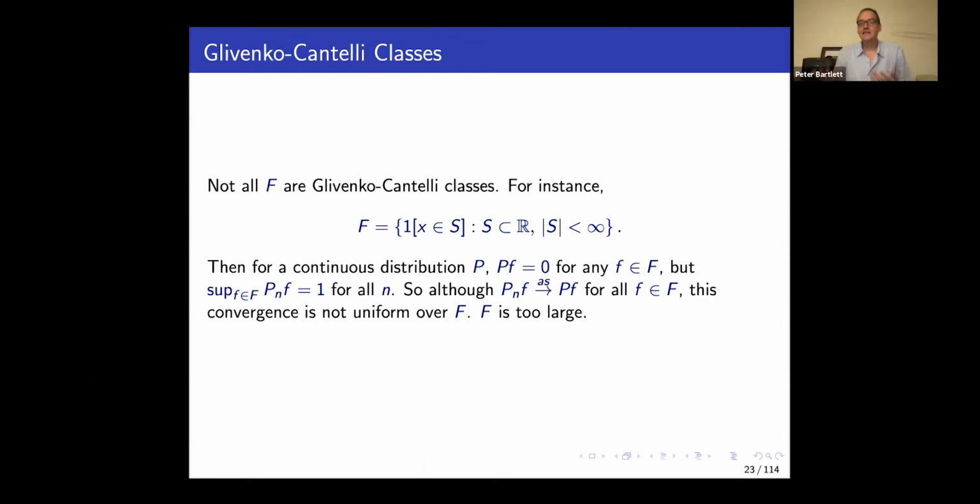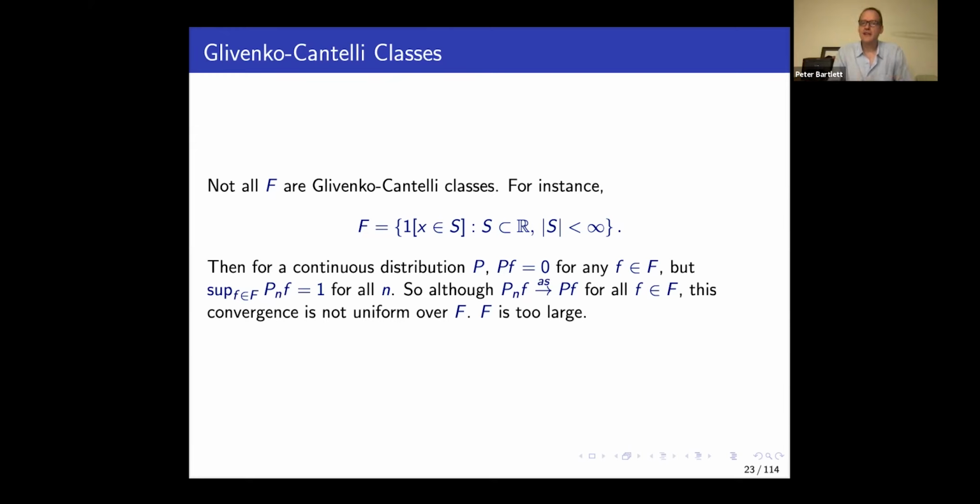But it clearly doesn't have this Glivenko-Cantelli property, because think about what expectations look like. Suppose we have a continuous distribution, so the measure of any finite set is 0. Then the expectation for every function in the class is 0. On the other hand, you give me a sample of size n, and I can always find a function that's 1 on those points and 0 for almost all other points.